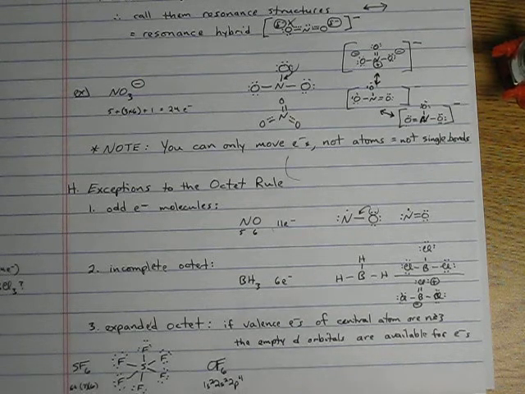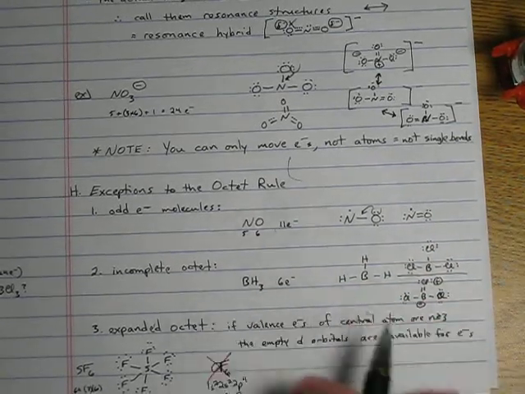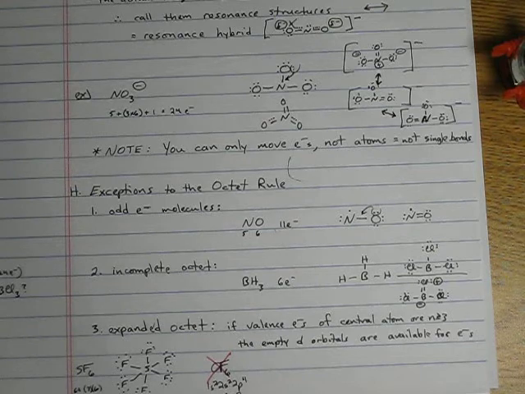We're in the n equals 2 quantum shell. Does the n equals 2 quantum shell have any d orbitals available? The answer is no. D orbitals do not become available till n equals 3. Therefore, you cannot expand oxygen's octet. OF6 does not exist.